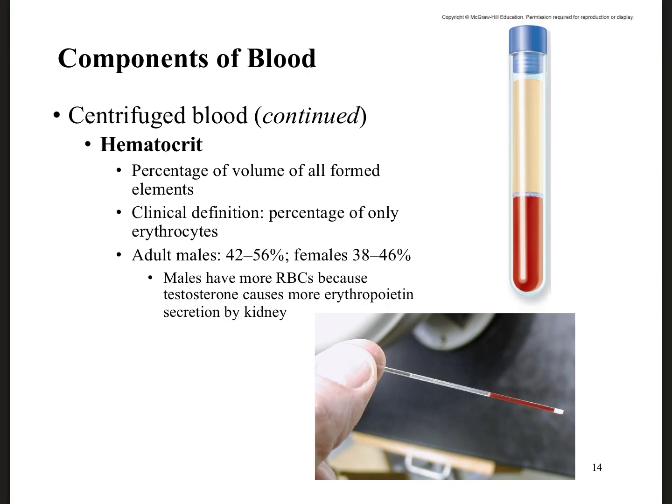So we talked about the red blood cell here, that packed cell volume being your hematocrit. You did this in lab this week or last week, yes? So what did you find out about the blood sample you used? If you remember, what was your hematocrit percentage?